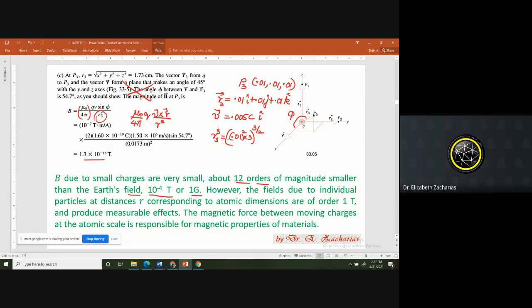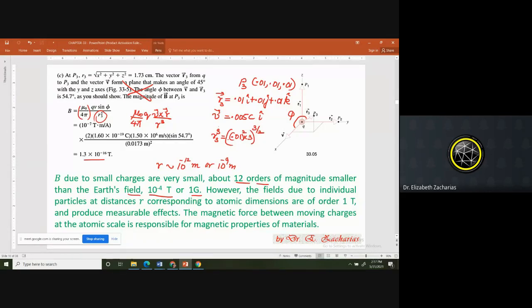If you're talking about R, in this problem, our R was centimeter, 2 centimeter, 1 centimeter. It was centimeters. Instead, think of what will happen if R is nanometer. If R is of the order of 10 to the power of minus 12 meter or 10 to the power of minus 9 meter.